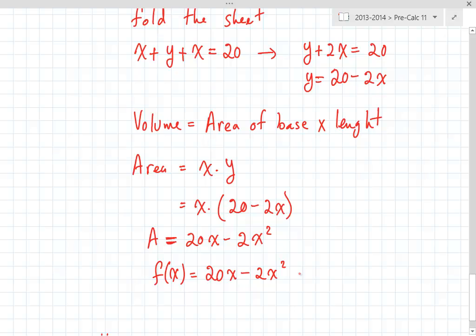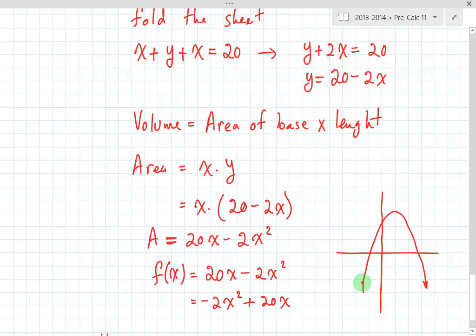This is a quadratic function of the form ax squared plus bx plus c, right? The leading coefficient, which is the negative 2x, I'm going to write it in descending order, negative 2x squared plus 20x. The leading coefficient is negative, so therefore this is an upside down parabola, or a parabola that opens down. The vertex of this gives us the maximum.